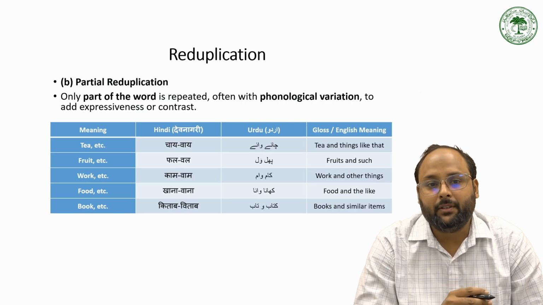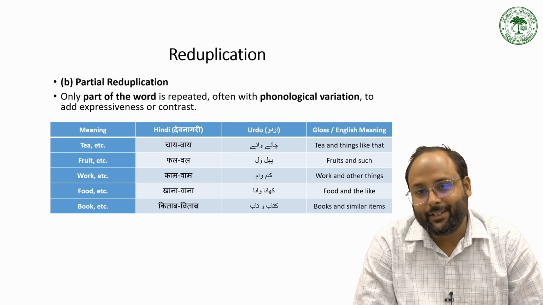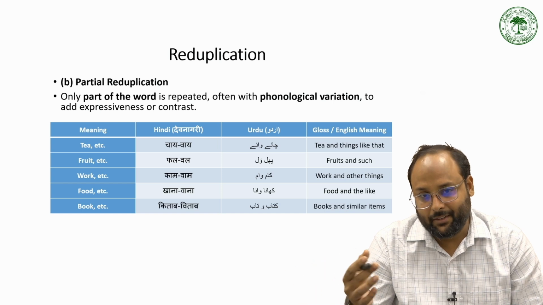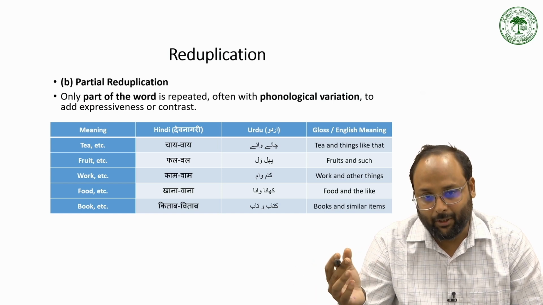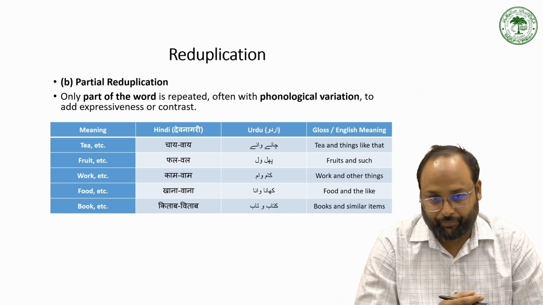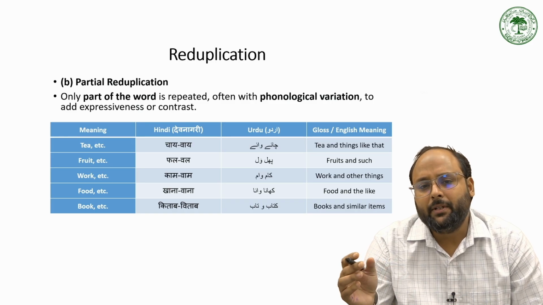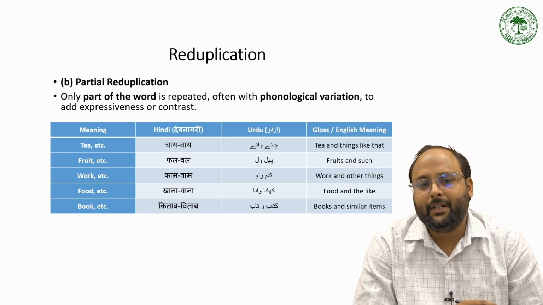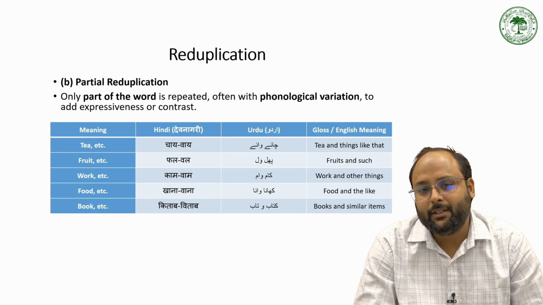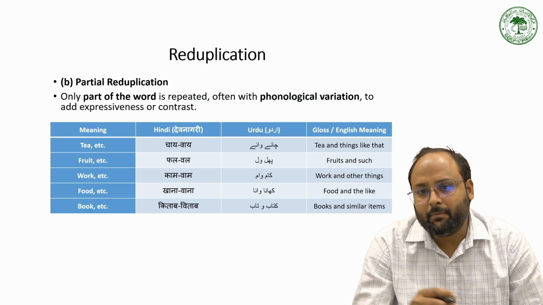And now we have some partial reduplication. Some are like chai vai, fal val, kam vam, khana vana, kitab vitab. Here some part of the word is repeated, which is influenced by phonological variation and adds expressiveness or contrast. So here we have some phonological variation in the repetition.